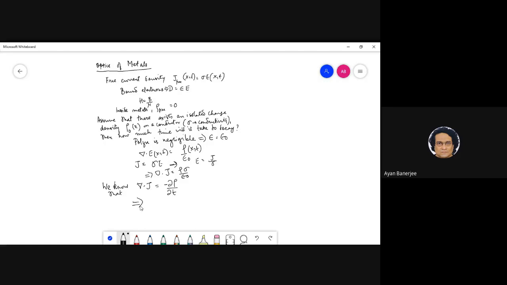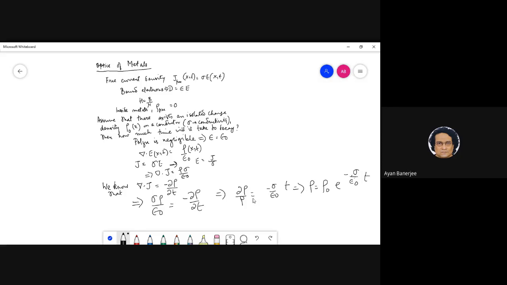I simply write that sigma rho by epsilon naught is minus del rho del t, which obviously means that del rho by rho is minus sigma by epsilon naught times dt, which means that your rho is rho 0 exponential minus sigma by epsilon naught t.